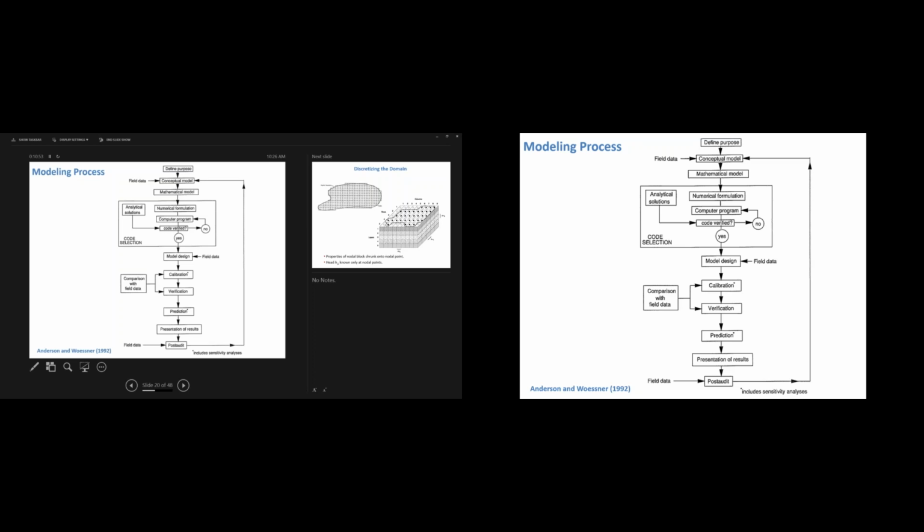There are lots of people who have promised the pot of gold at the end of the rainbow with surface water, groundwater modelers. I don't think any of them got really close, but that's maybe something to try out, different packages or contaminant transport. There's lots of things to try out there.